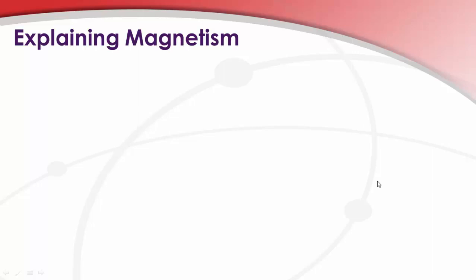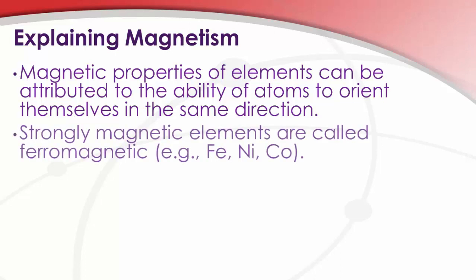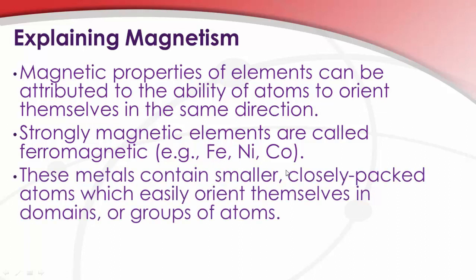We can also look at phenomena such as magnetism. The magnetic properties of elements are attributed to the ability of atoms to orient themselves in the same direction. We've observed for centuries the fact that there are strongly magnetic elements like iron, nickel, and cobalt, and these closely packed atoms can orient themselves into domains or groups which augment each other's magnetic fields and can form what we call permanent magnets.